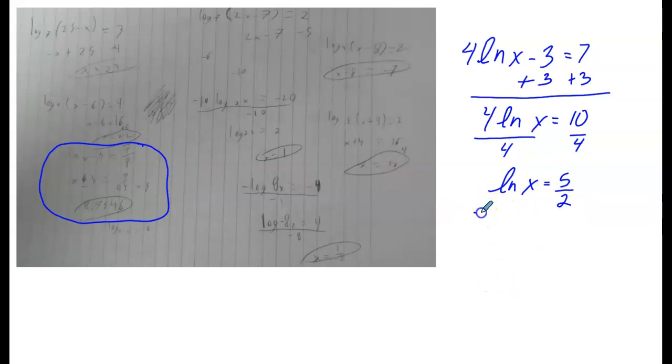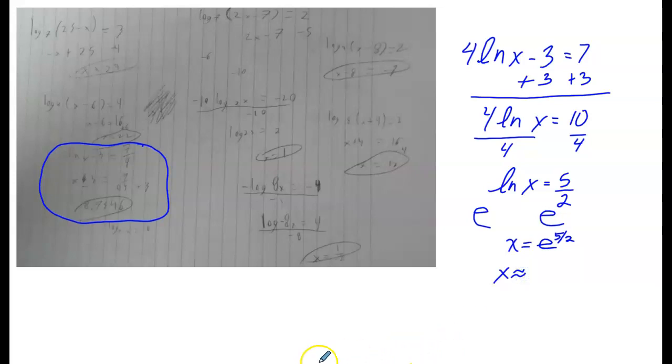Okay, now we can exponentiate both sides with the base of the log. Since it's a natural log, that's base e, and the inverse property then brings down the argument of the log, and x is equal to e to the 5 halves power.